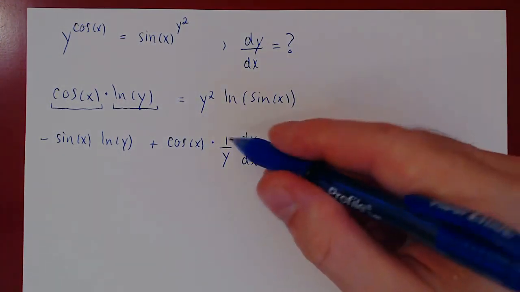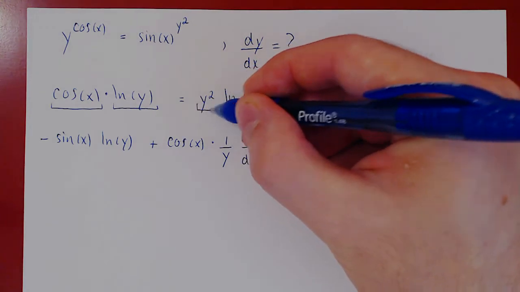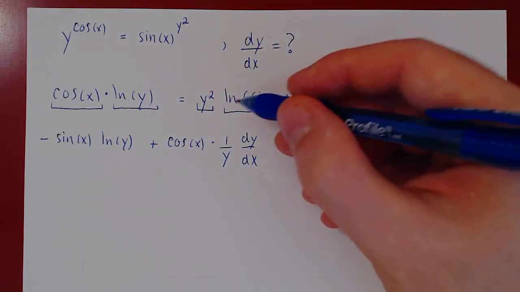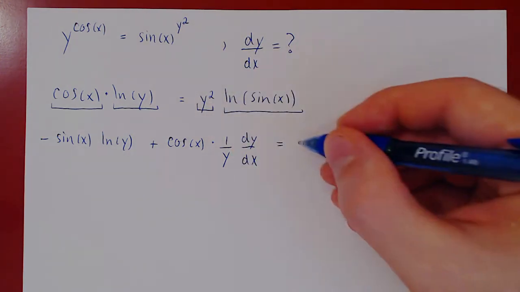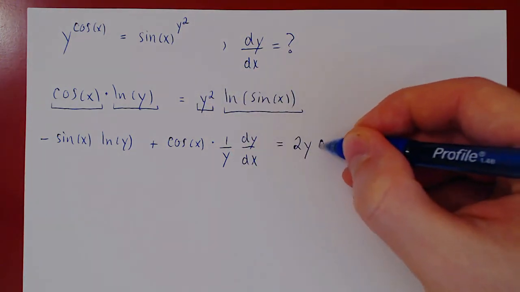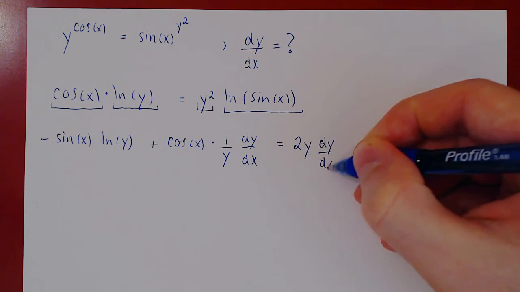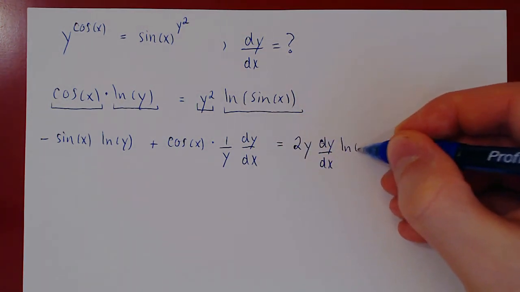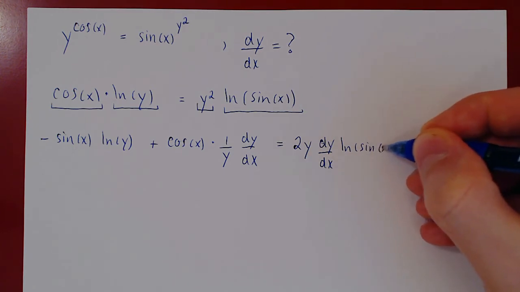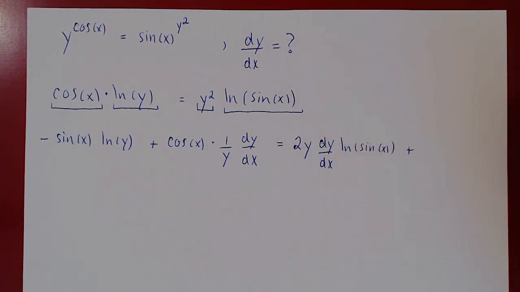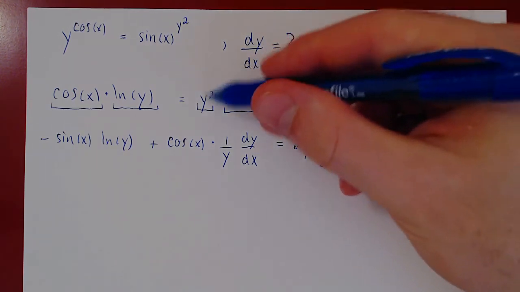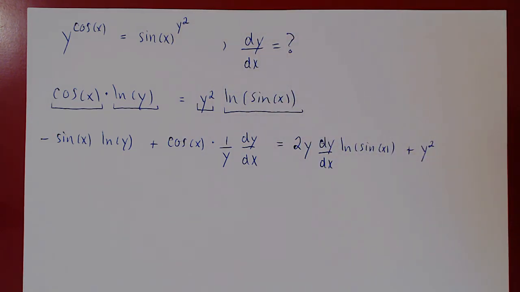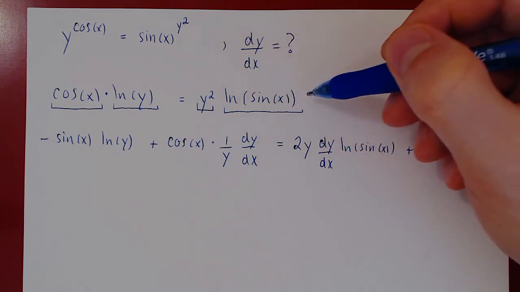Now we differentiate the right-hand side, and once again we have a product, y squared times the ln of sine of x. The derivative of y squared with respect to x is 2y, chain rule, dy over dx, times the second function, ln of sine of x, plus product rule, the first function, y squared, times the derivative of the second function, ln of sine of x.